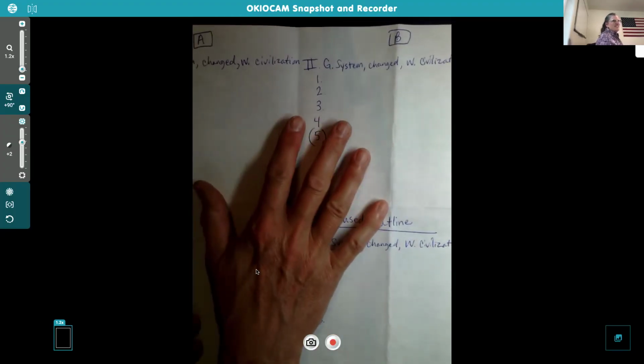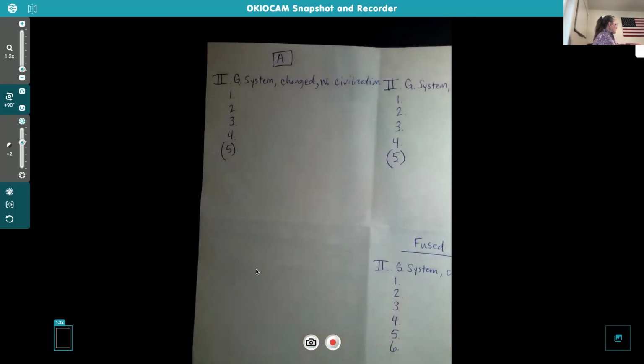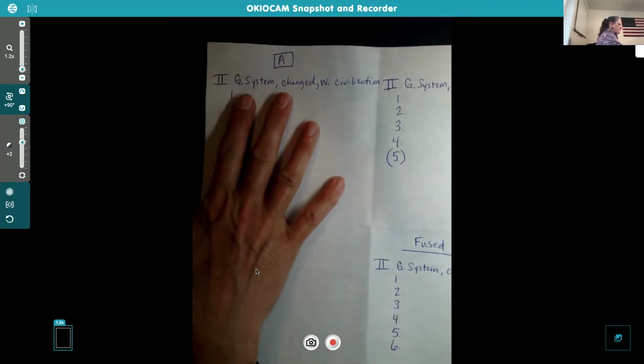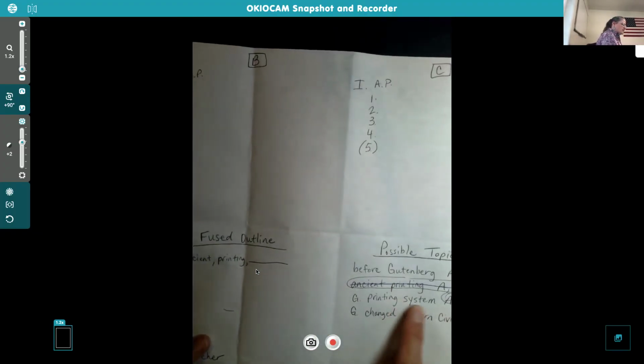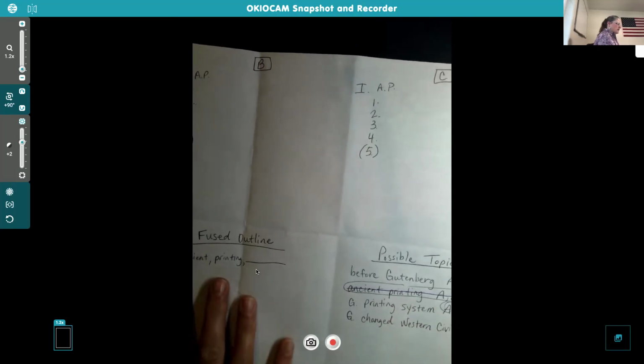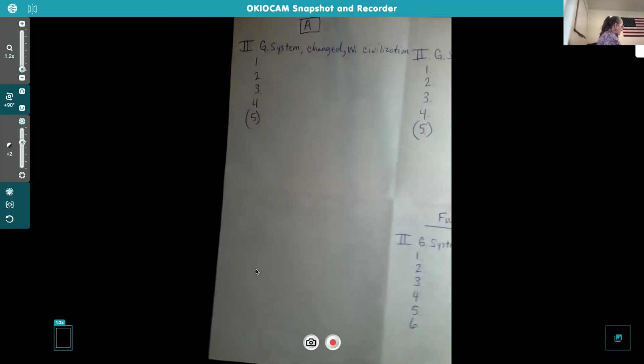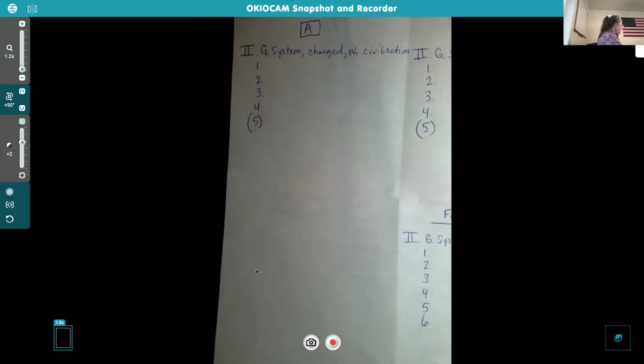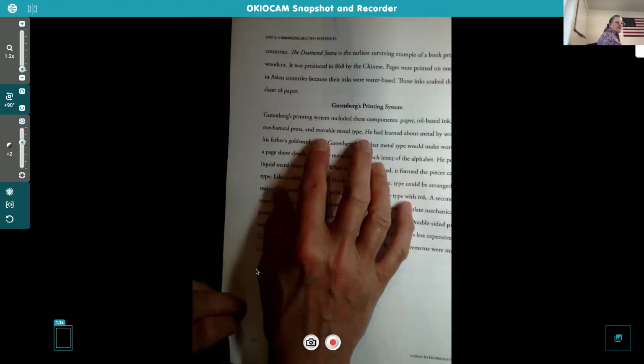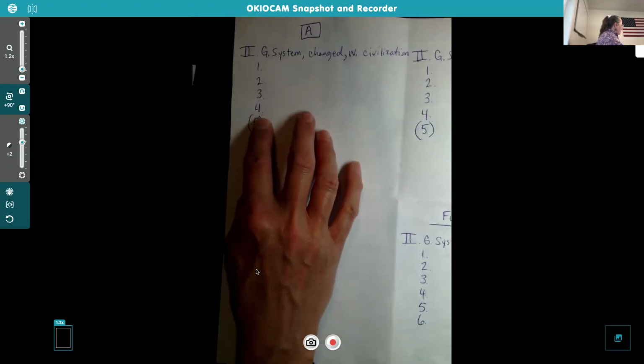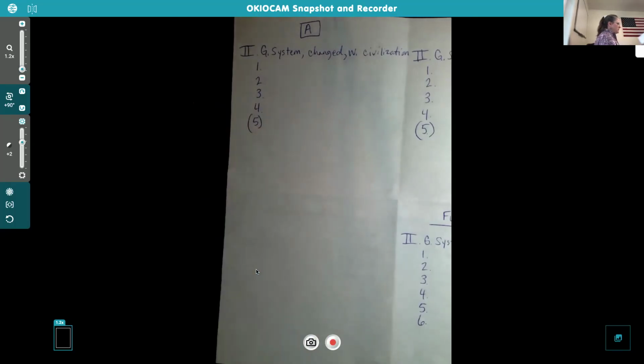Get started on this. You need to use your articles that you labeled A, B, and C. Look for the paragraphs that talk about what's on the titles. So A is going to be the one you use for the printing system, which is on the back, page 104. So find 4 or 5 facts from that page.